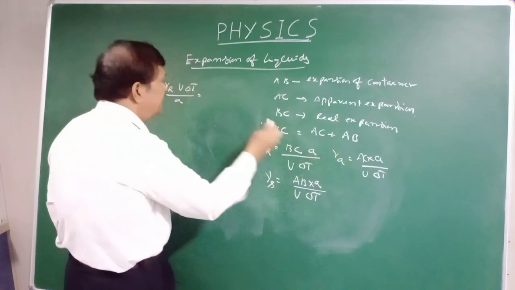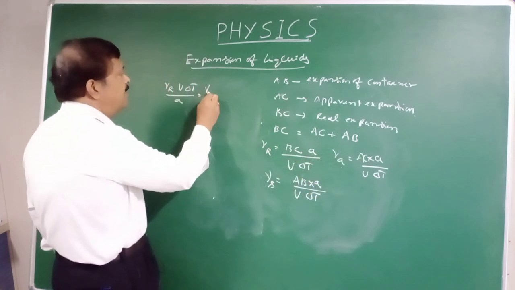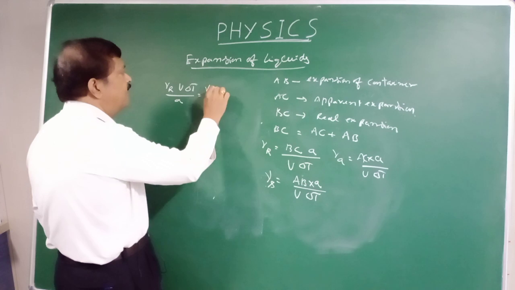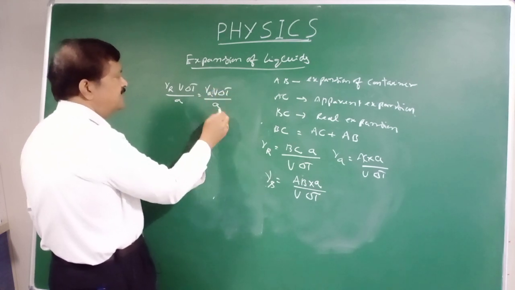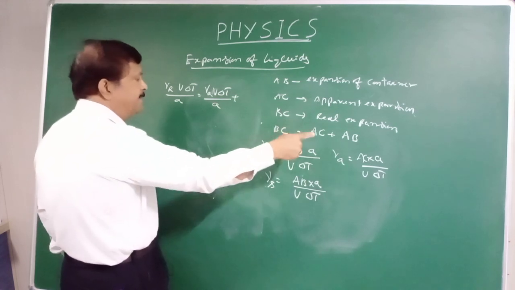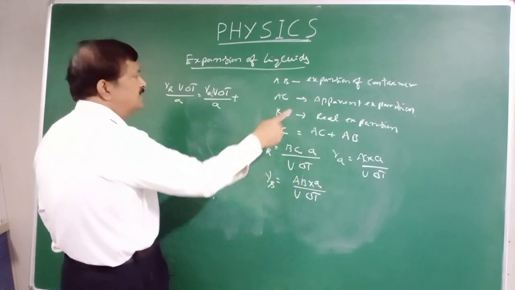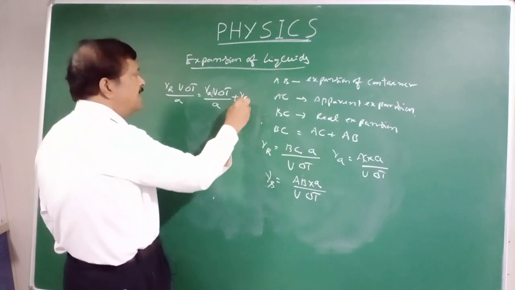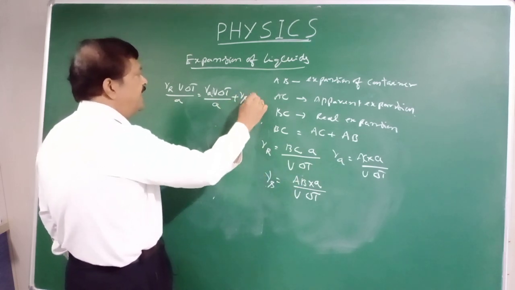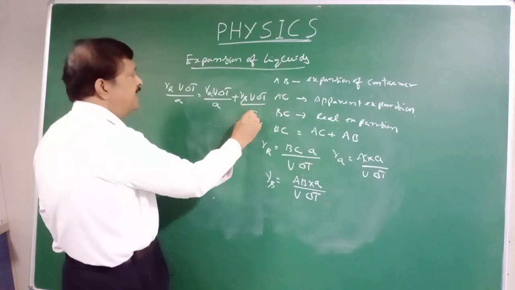From this equation, AC is nothing but gamma apparent into volume into delta T divided by the area of cross section, plus AB. AB corresponds to the expansion of the container. So from this equation, AB is gamma of the solid V into delta T divided by A.